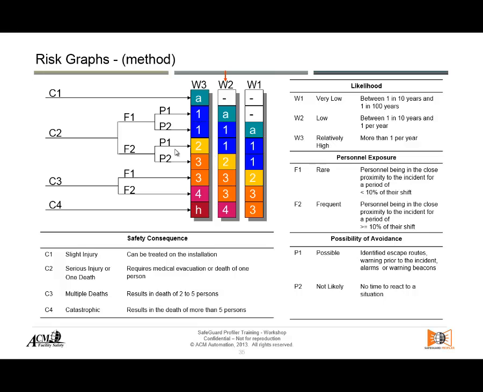Each graph is going to be calibrated according to the risk metrics you have, right? And then you extract that information from there, and there are high risks, or places that you might need some specific safety instrumented functions.